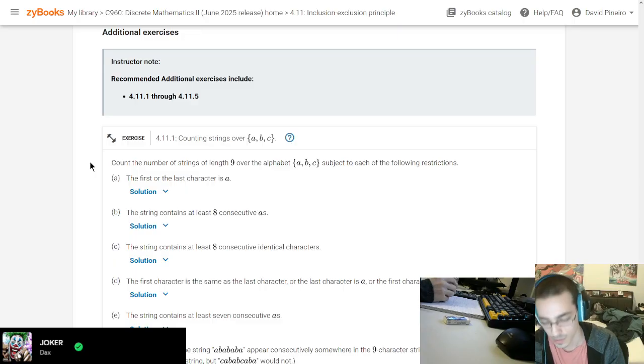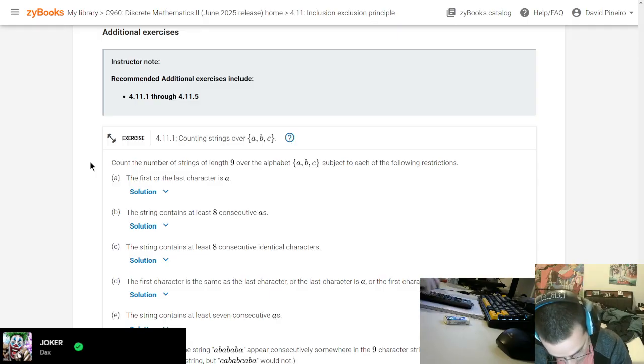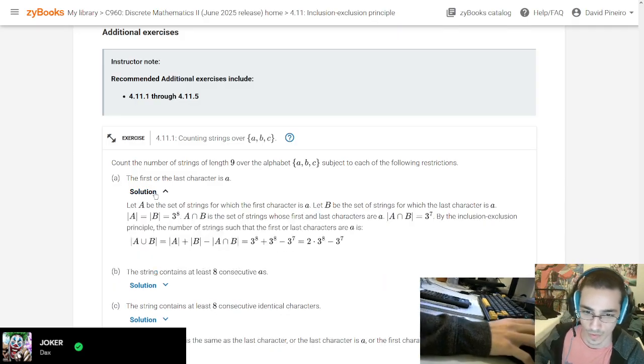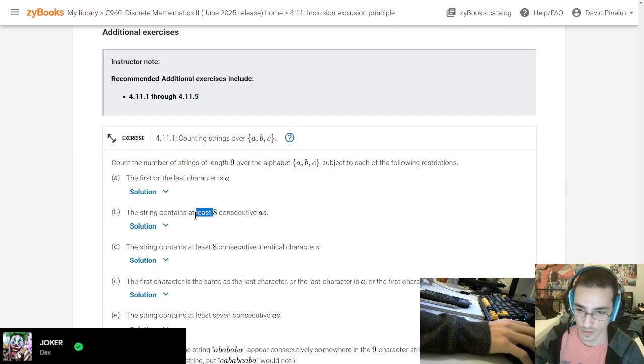First has 3 to the 8 possibilities, and the intersection is 3 to the 7. So we got 2 times 3 to the 8 minus 3 to the 7. Okay, we got that.